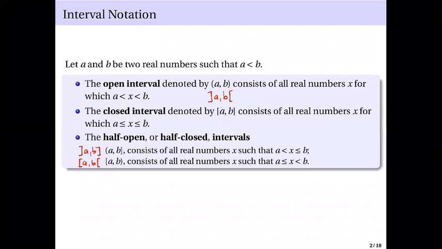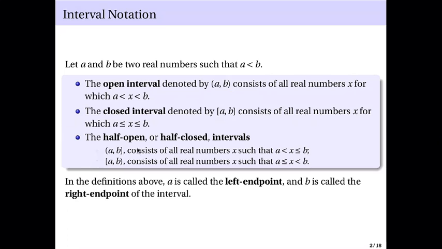But to avoid confusion in the use of those square brackets, let us use parentheses to tell us that it's an open interval, and the square brackets we use for a closed interval.